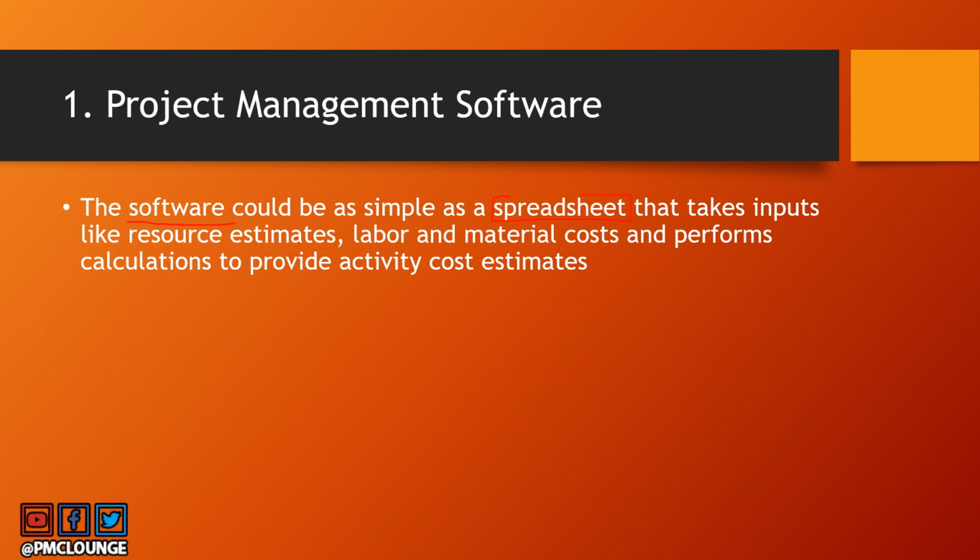In inputs, it is going to take resource estimates, which you have already created. Then you will also enter labor and material costs. And based on these inputs that you have given it, this spreadsheet is going to perform certain calculations and it is going to provide the activity cost estimates. So activity cost estimates is actually the output of the estimate costs process.